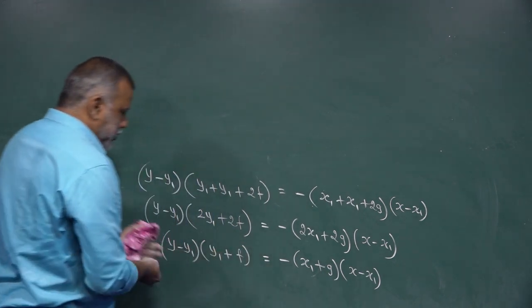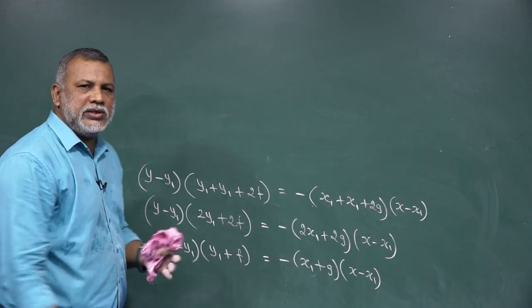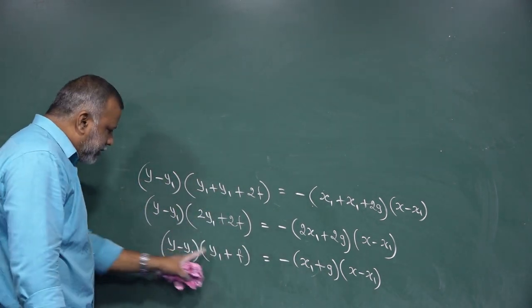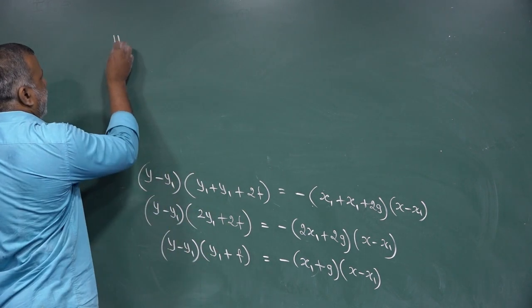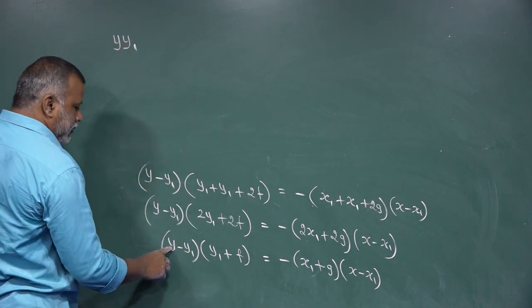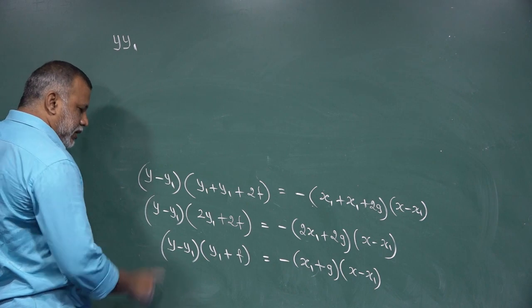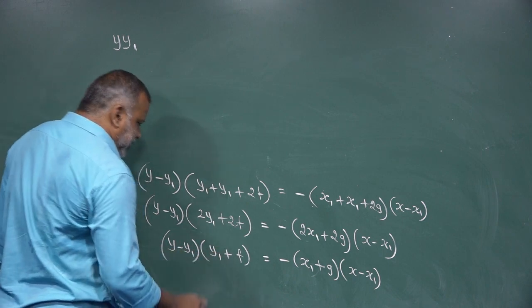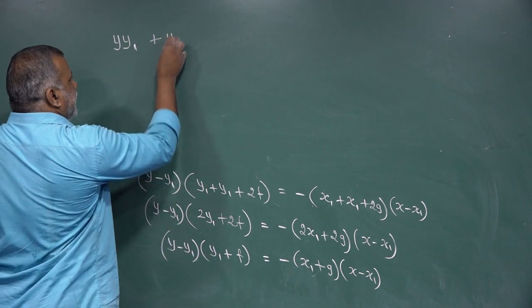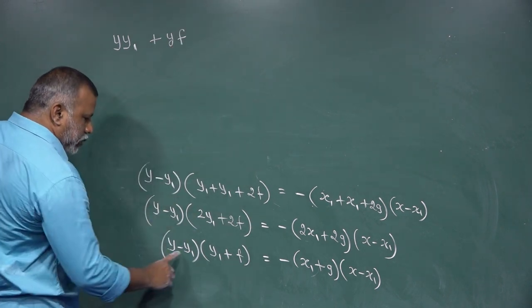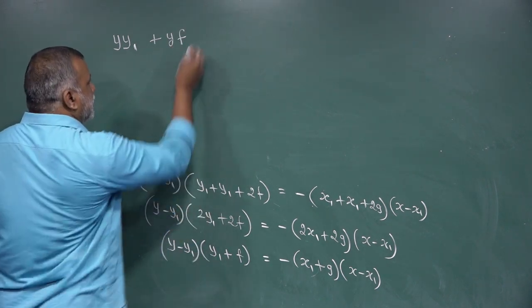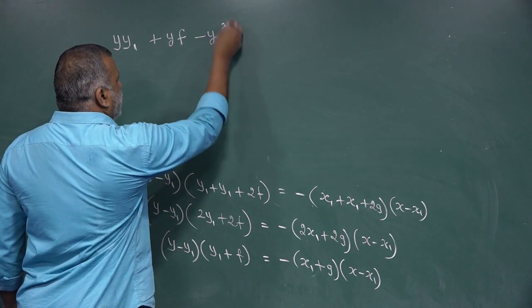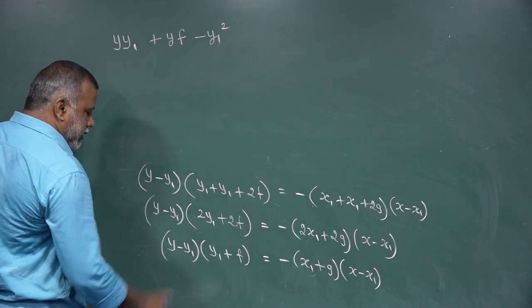Now listen. These two factors are multiplied with each other. So y is multiplied with y1. I can write y times y1, y again multiplied with f, that is yf, positive. This y1 again multiplied with y1, I can write y1 squared, minus y1 squared.